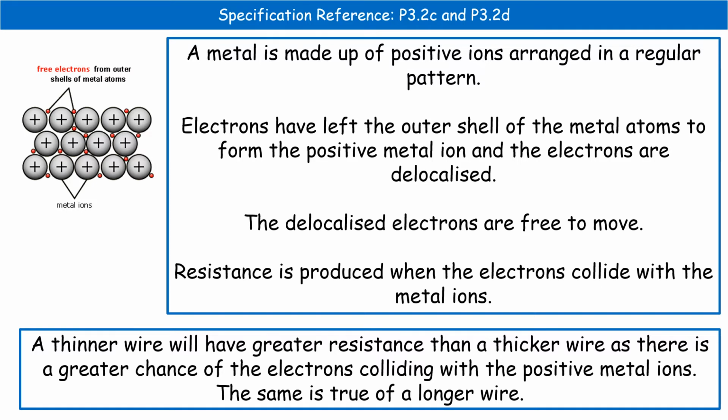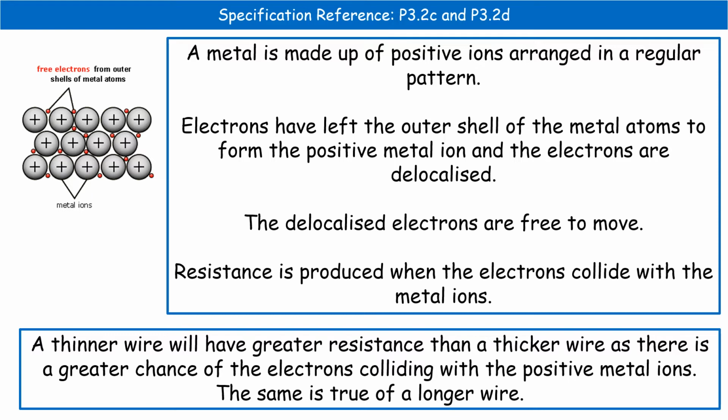Remember, a delocalized electron is one that's been freed from the outer shell of that metal itself. Hence why the metals are positive ions and we have delocalized electrons. The key thing about those electrons is they are free to move through the structure. Now, as we said previously, current is the flow of these charged particles, the electrons. Therefore, the movement of those delocalized electrons is what gives us our current.